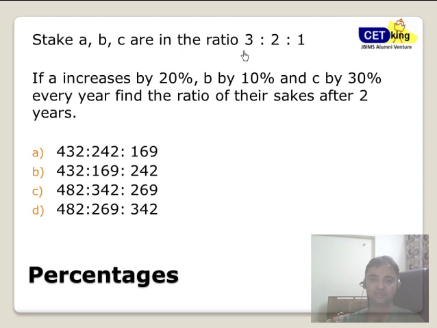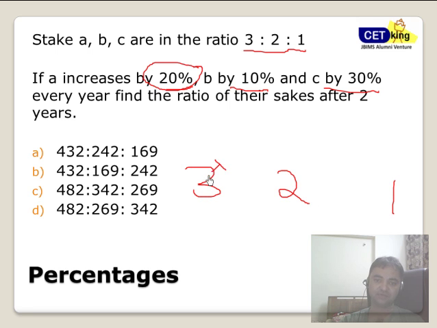Fine. A, B, C share in the ratio 2 is to 3 is to 1, 3 is to 2 is to 1. If A increased by 20%, B by 10%, C by 30% every year, find the ratio of the share after 2 years. Now A increased by 20%, right now this is 3 to 1. Increased by 20%, I can say 1.2, 1.2, 2 times. 1 increased by 20%, 1.2.